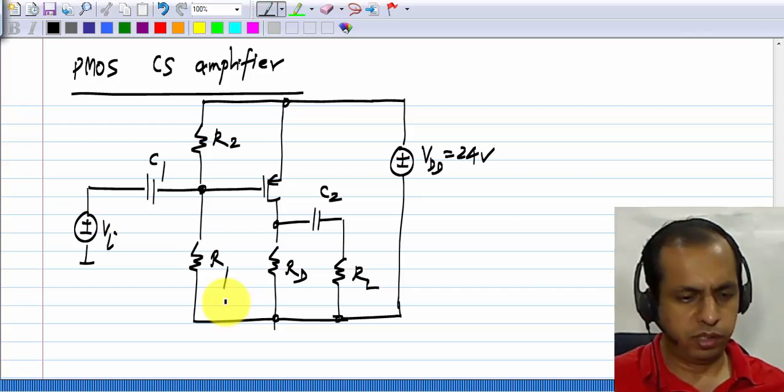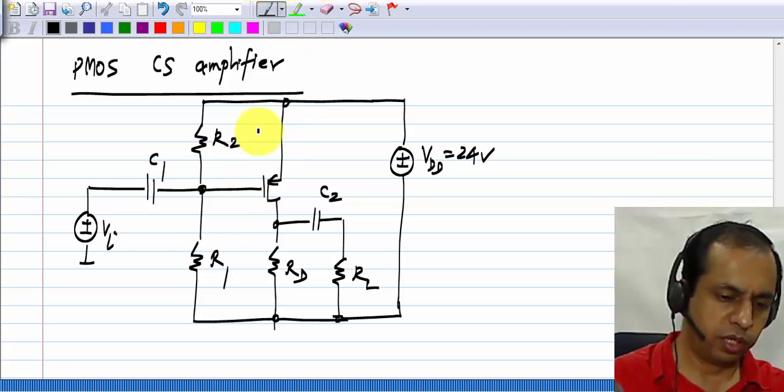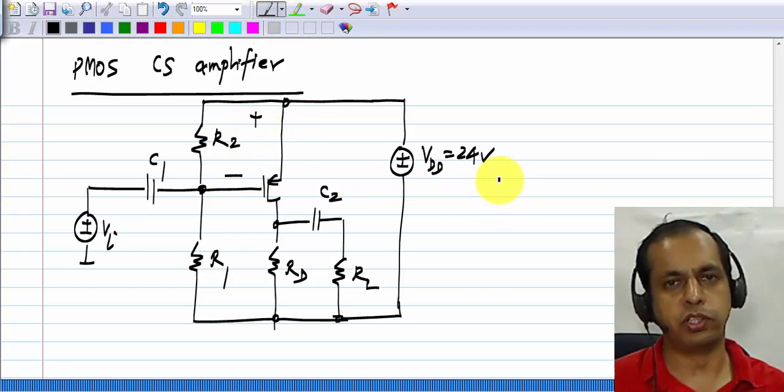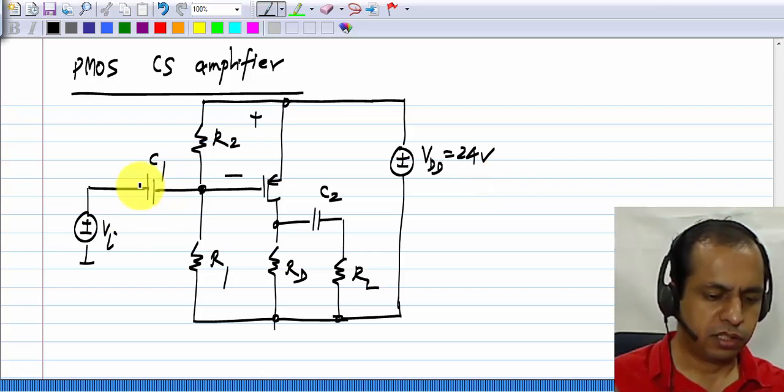Okay. Only thing is, note that the voltage here is not the source gate voltage. The source gate voltage is the voltage between these 2 points. Okay. Don't get confused by that. But otherwise, things are the same.